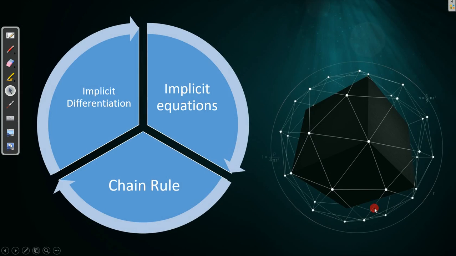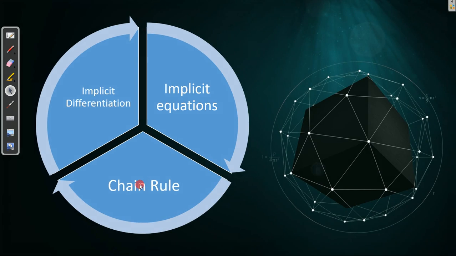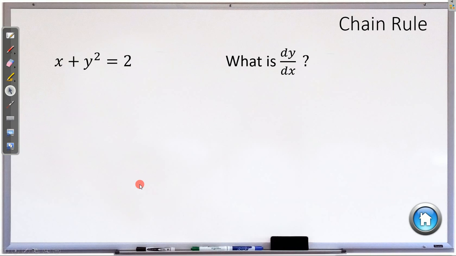So how do we do that? Well, we have to use the chain rule in a special way. So let's pick a slightly easier implicit equation here, and we're going to find the derivative, which is the change in y over the change in x, dy dx. So how do we do that? Well, we're going to treat this as an operation.